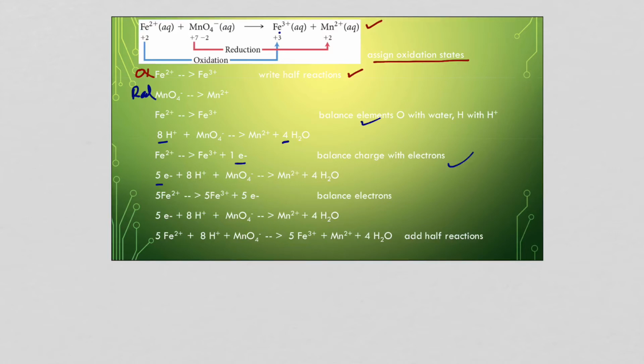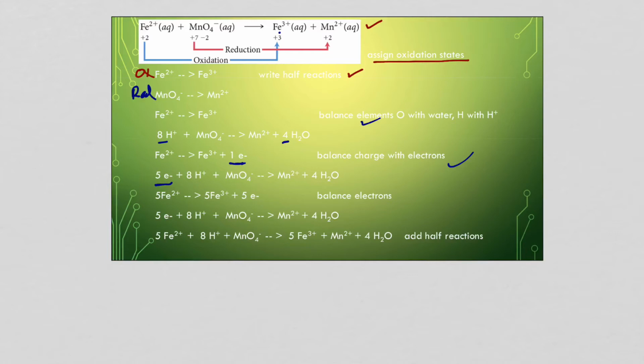So now we have to make sure that we have the same number of electrons being lost and gained. So here we clearly have only 1 electron being lost, but 5 electrons being gained. So we have to equalize that. The easiest way to make both of these the same is to make them both equal 5.